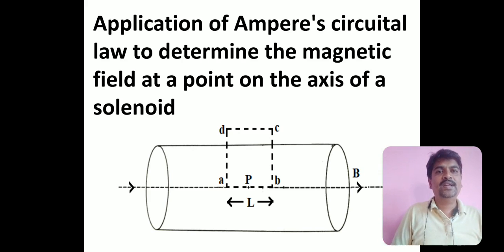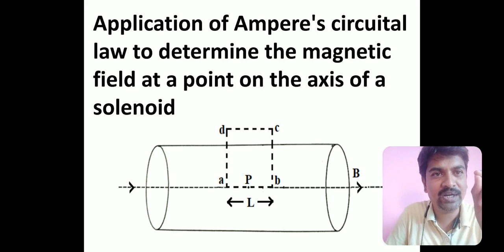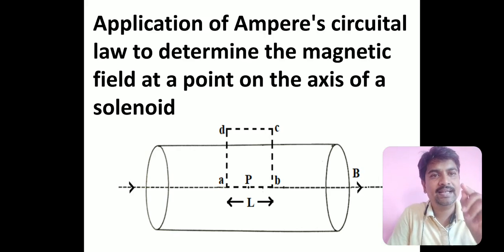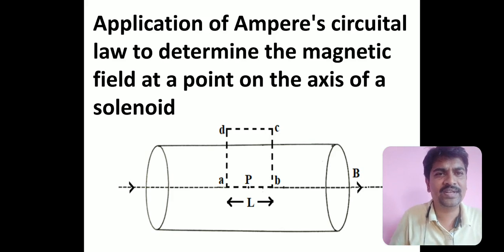Now I am going to find the magnetic field at point P. Look at the diagram, I am mentioning the point P there. Exactly at that point P, I am going to draw a closed path. This time my closed path is a rectangle. You can draw any shape you want, but it has to be easy for calculation.